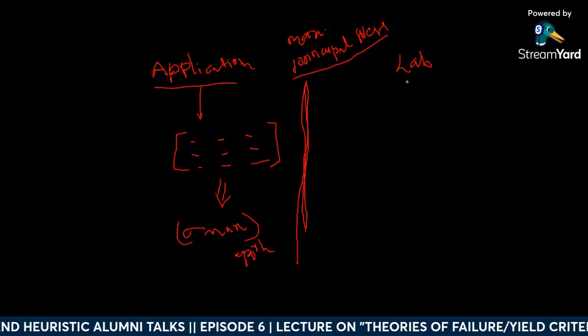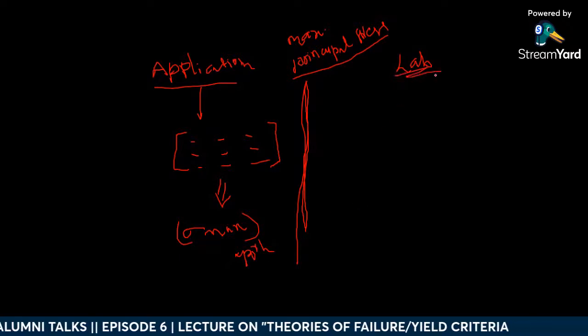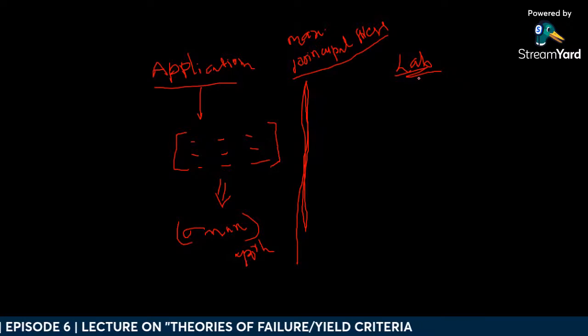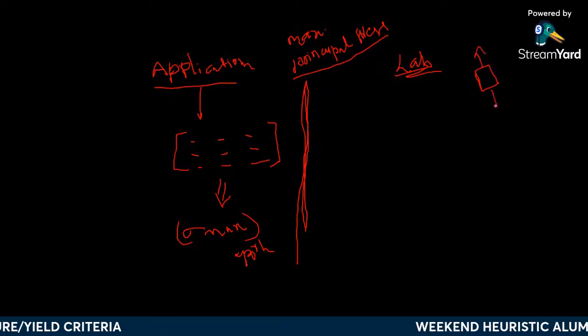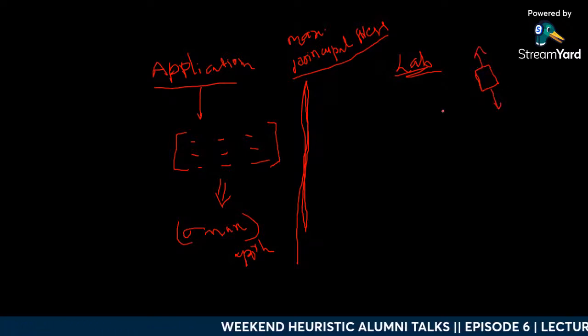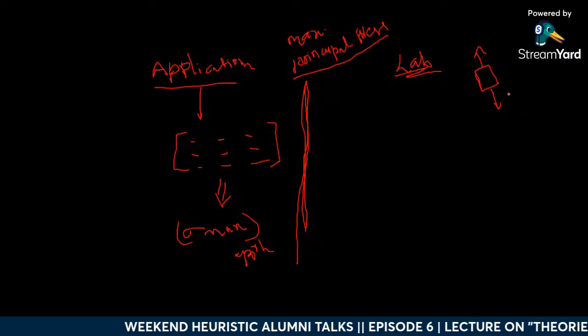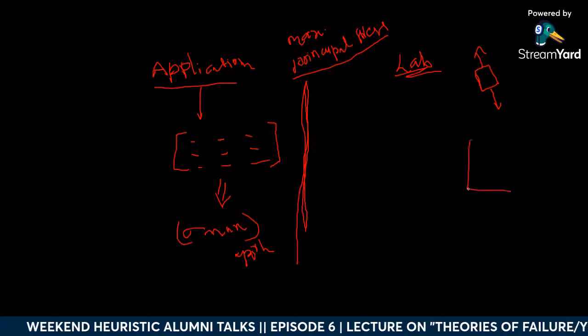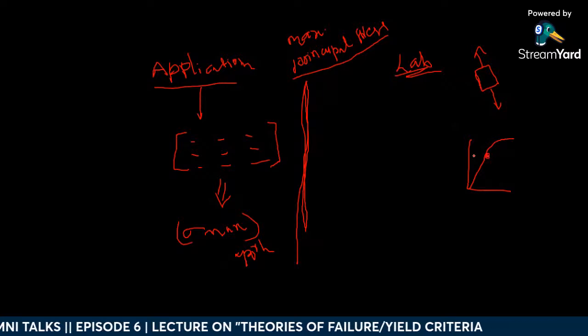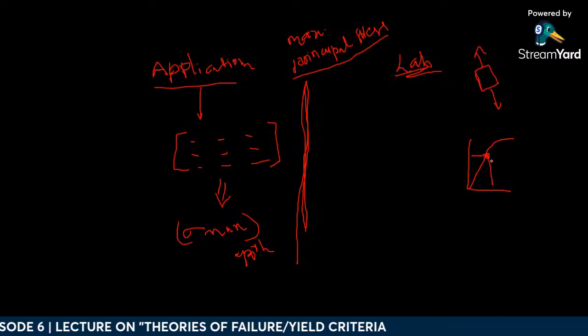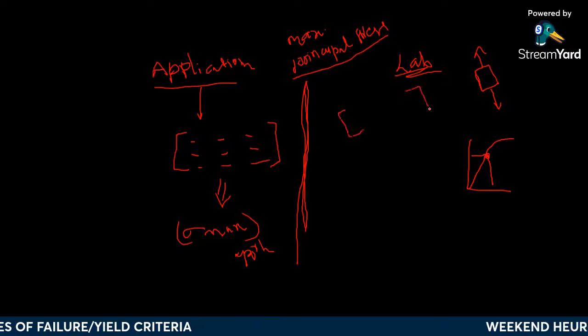Otherwise, the next thing is what you are doing in the laboratory. Obviously you have only one way, the uniaxial tensile test, right? When it will fail, at the failure point, failure in the sense of yield point, what is the stress situation, the stress matrix at the failure point?